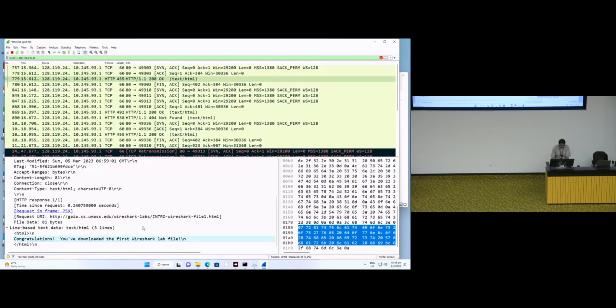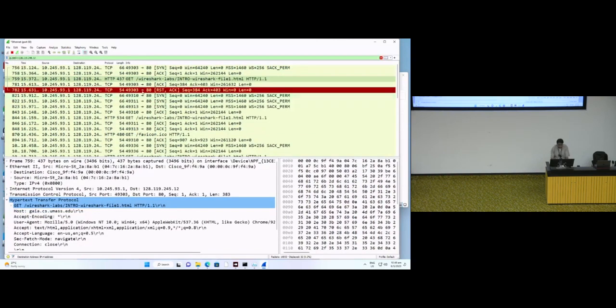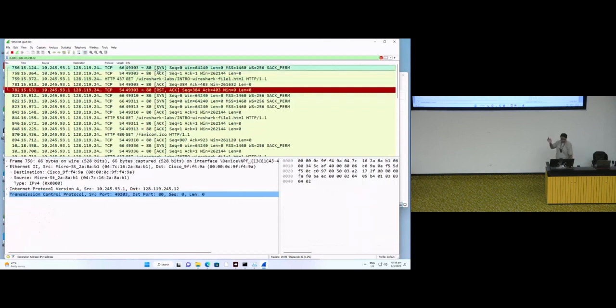So there was an interesting thing. When we had this as the destination, you saw these SYN packets. It turns out that TCP is a connection-oriented protocol.